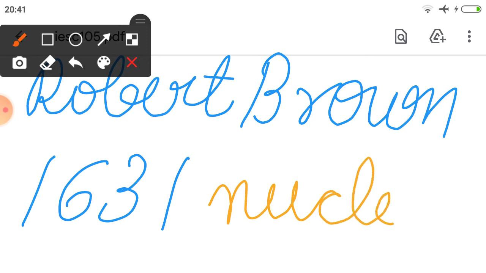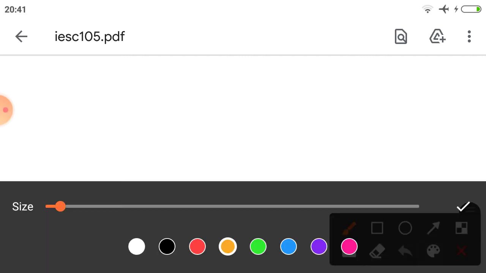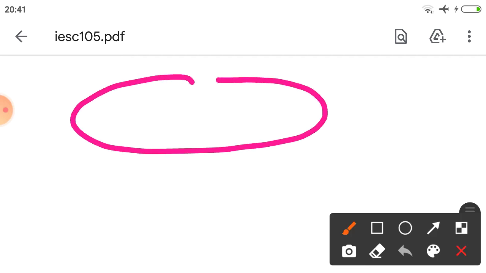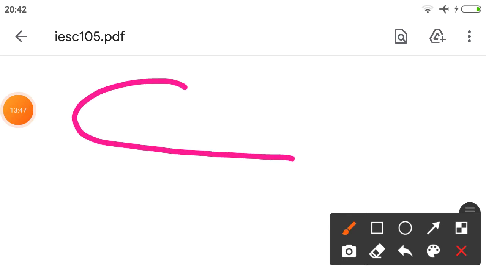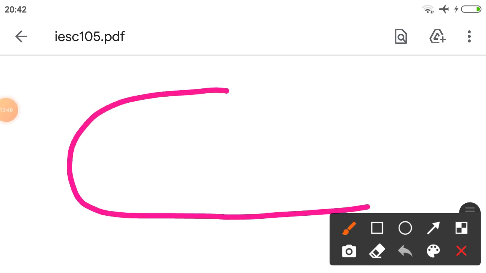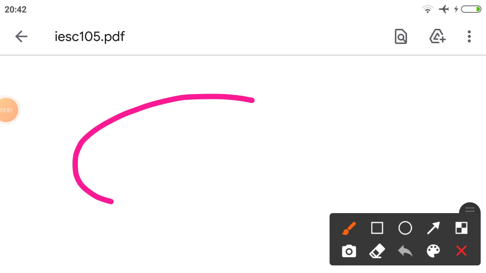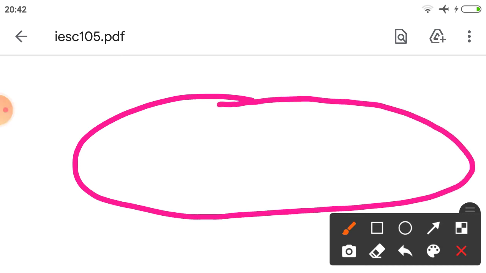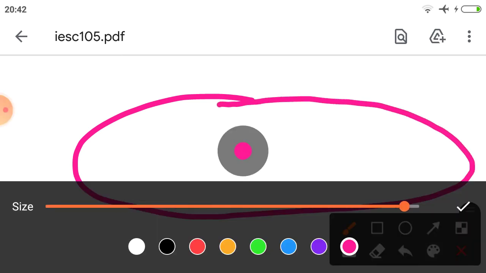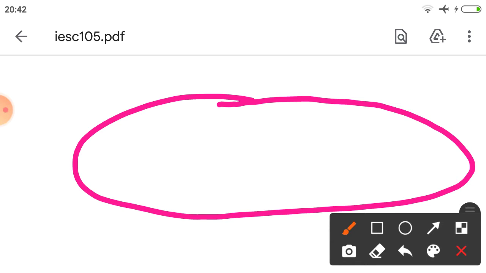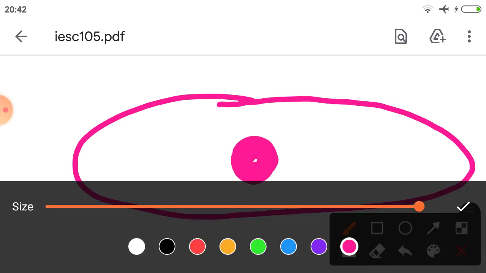I hope you know about the nucleus in a cell. If you didn't know, let me tell you, because it was in class 8. I have this structure of the cell. Let me draw the nucleus. Firstly, the cell, a big structure.